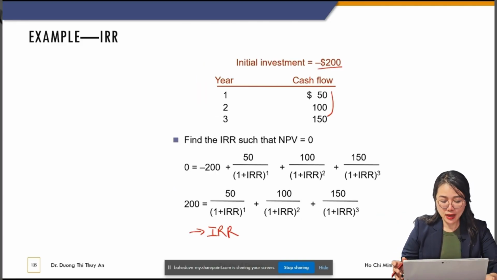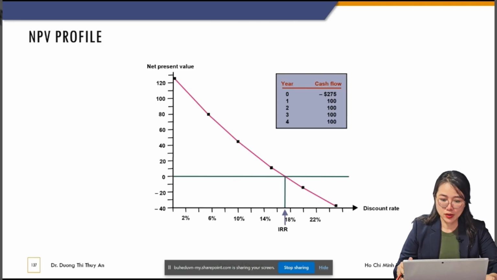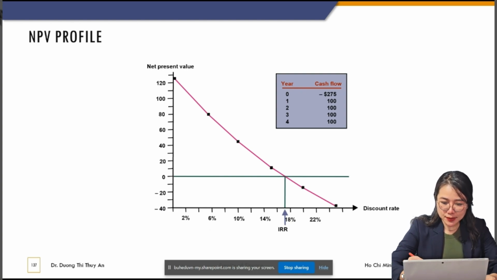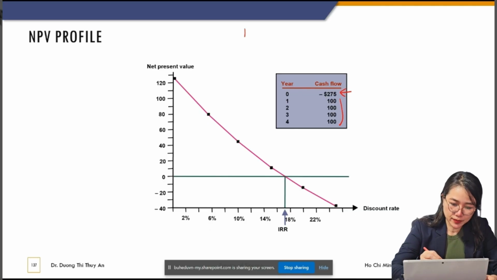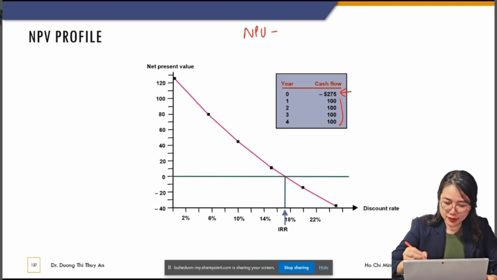And then after you find the IRR, what can you do with it? For example, look at this cash flow of this project. This is the initial investment, and this is the cash flow. Now I write down the NPV.